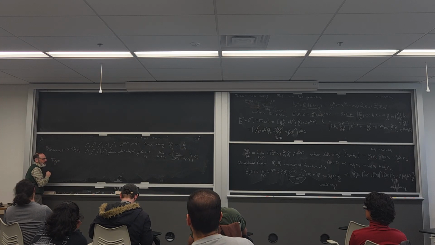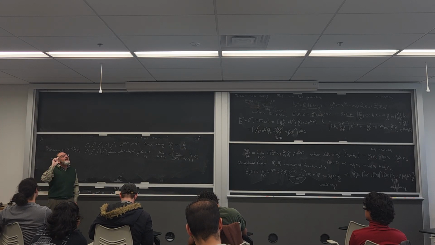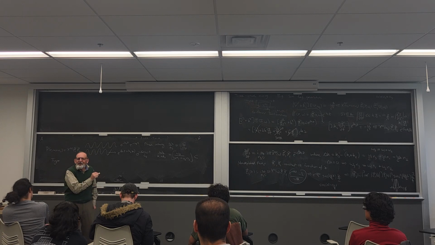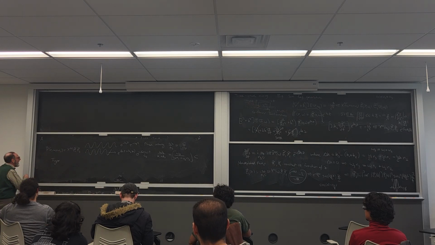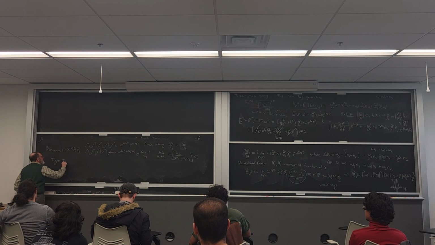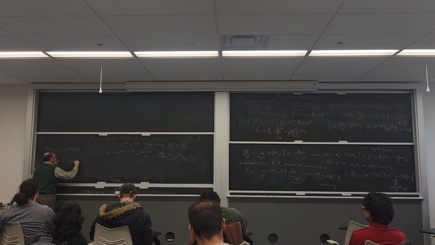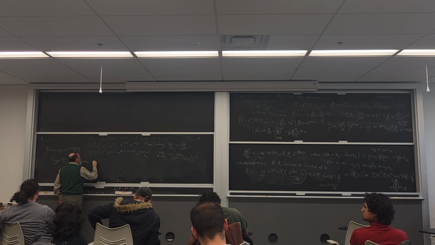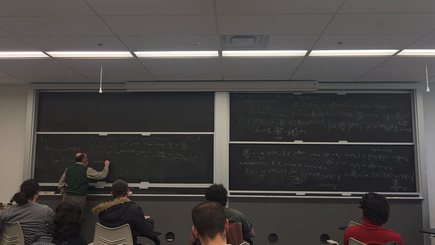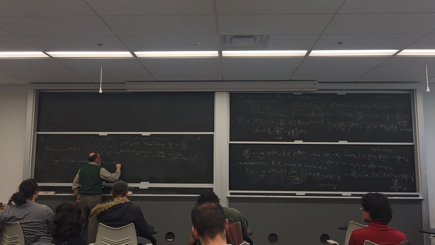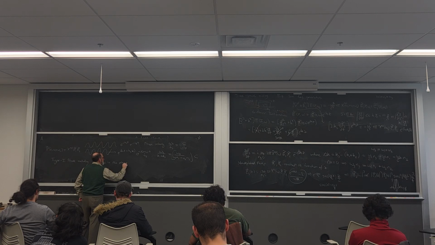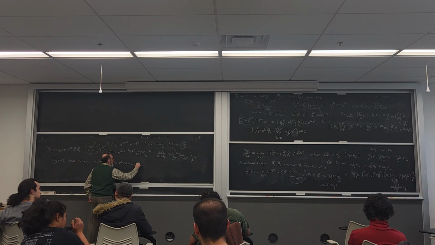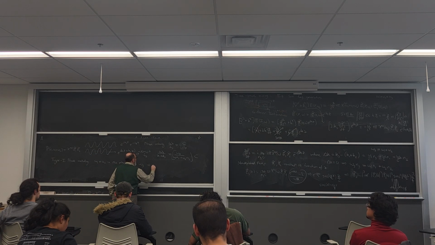This is a bunch of jargon, but those of you who are in the lab will hear this. So what the heck does this mean? Type 1 phase matching is that omega 1 and omega 2 are in the same polarization, and omega 3 is orthogonal.